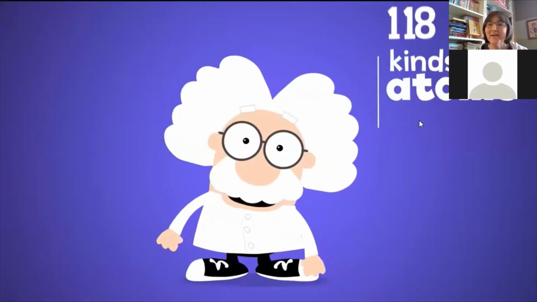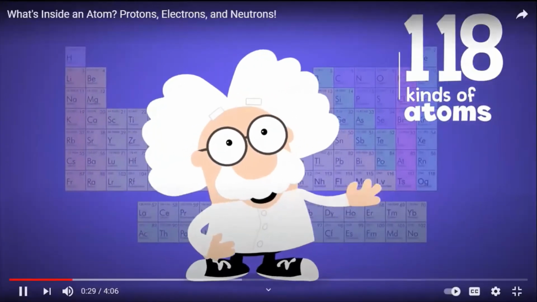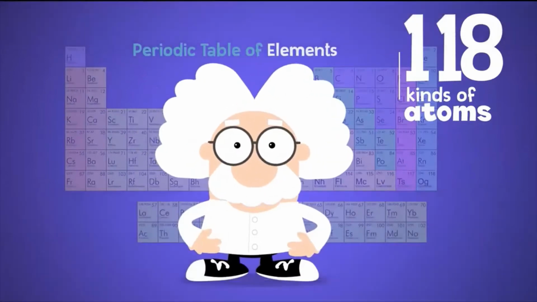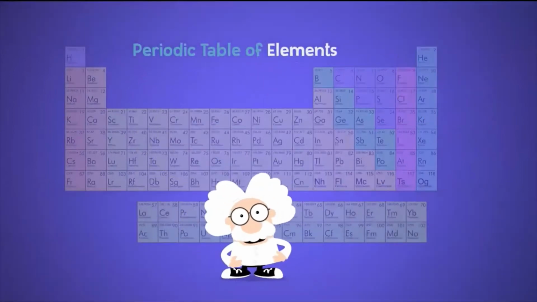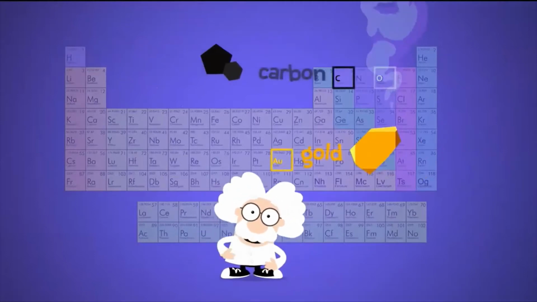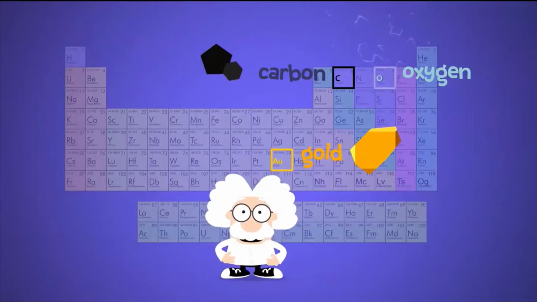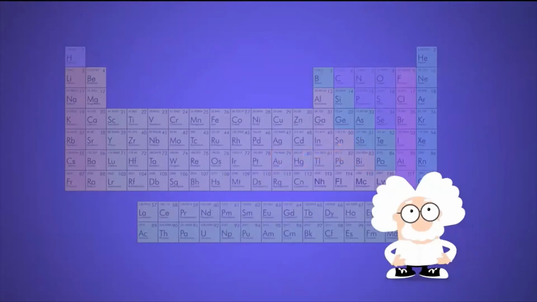There Yeah. are 118 different kinds of atoms, which are each the smallest part of an element. If we observe elements like gold, carbon, and oxygen, we can see that they have very different properties that don't look or act the same.